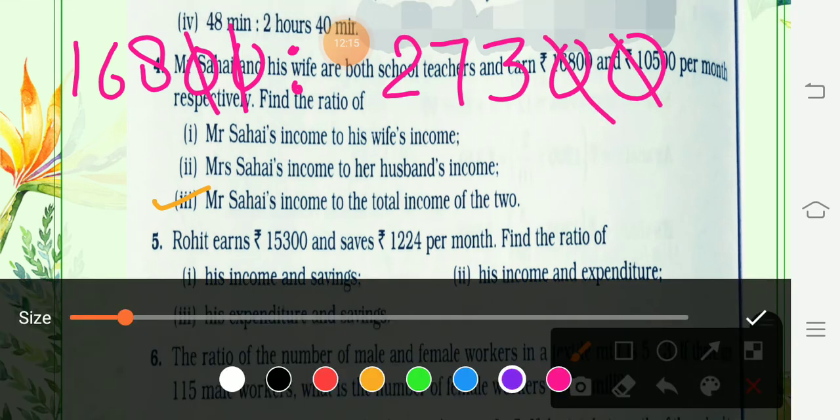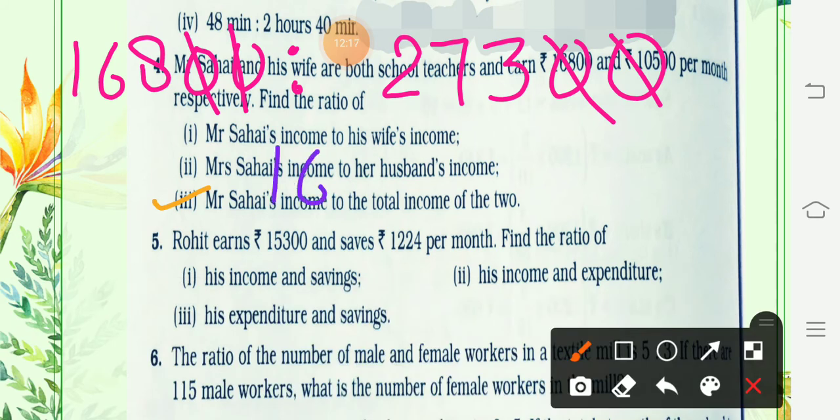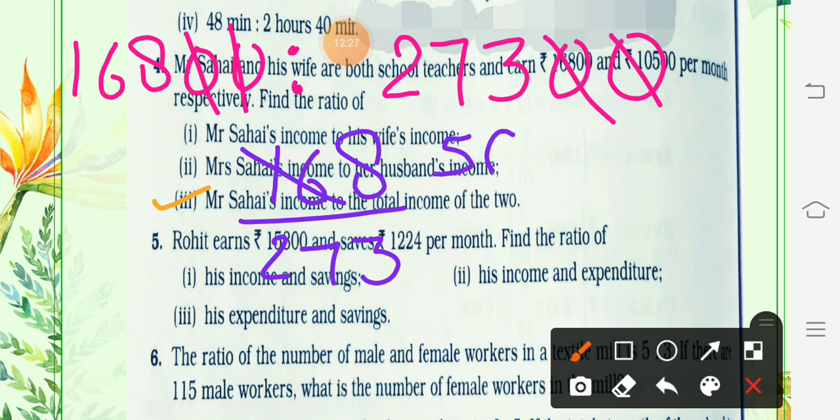Now the fraction is 168 upon 273. Cancel it by 3 once again. 3 5s are 15, 3 6s are 18. 3 9s are 27 and 3 1s are 3.